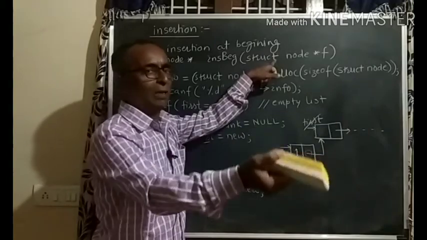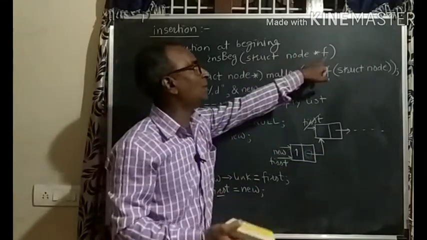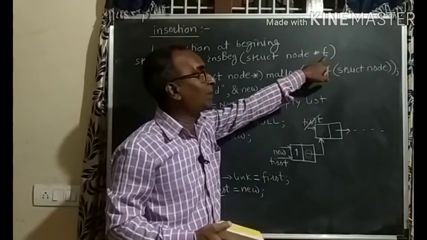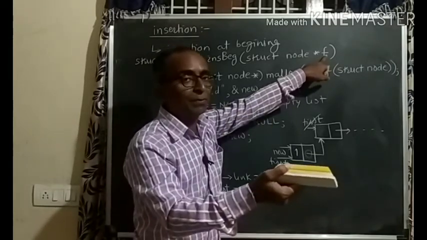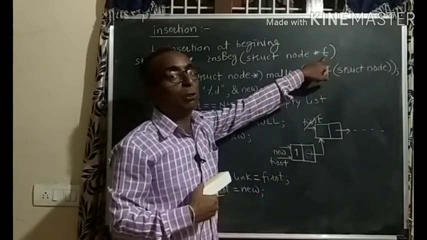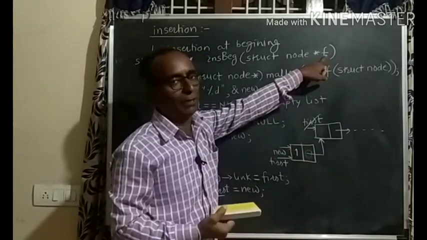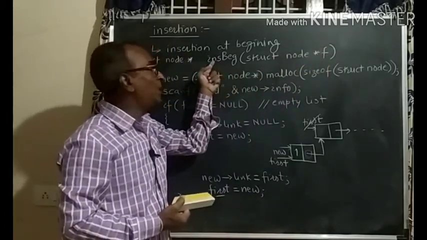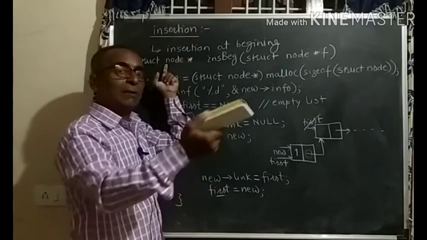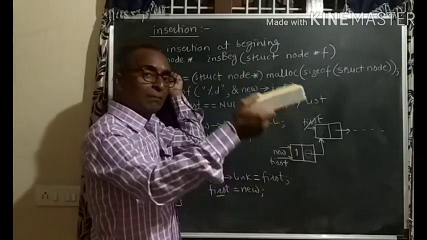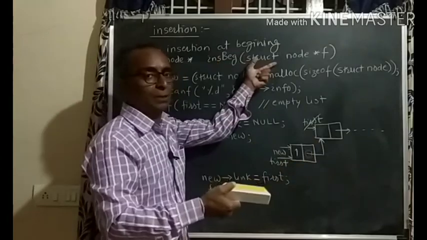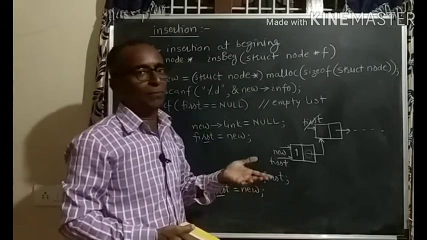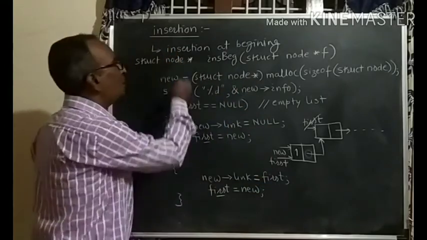That will be call by value. That address will be copied into f now, right? But whatever he is changing may not be reflected back to the caller because this is call by value. So in turn, I want whatever change the function is making in first to be returned to the caller. So this way I can do it. So this will be my signature.